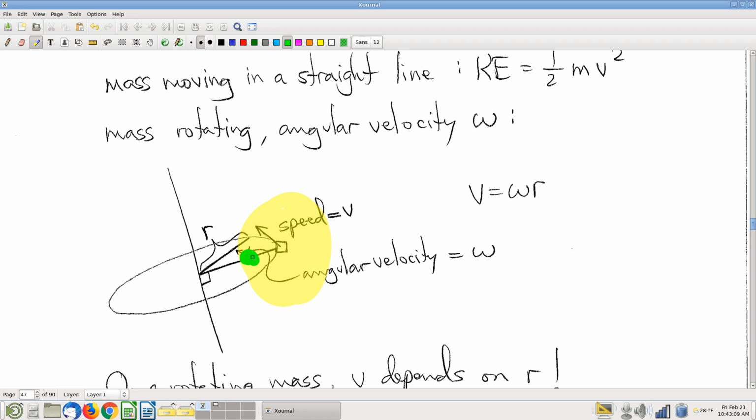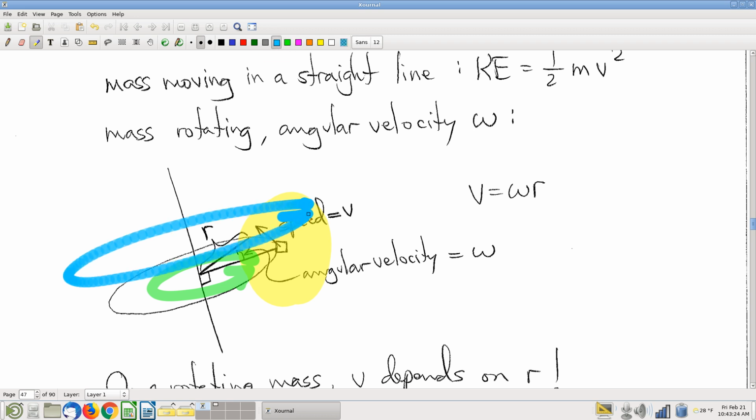This little piece right there makes it around one rotation, a certain amount of distance, in the same amount of time that this chunk over here makes it around one rotation, which is a much larger distance. So the piece moving around the blue path is moving faster. It has a higher speed. The green one has a lower speed.